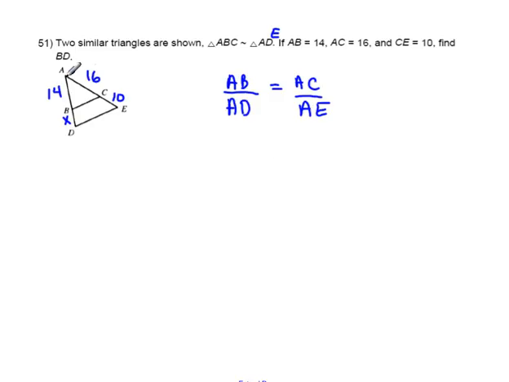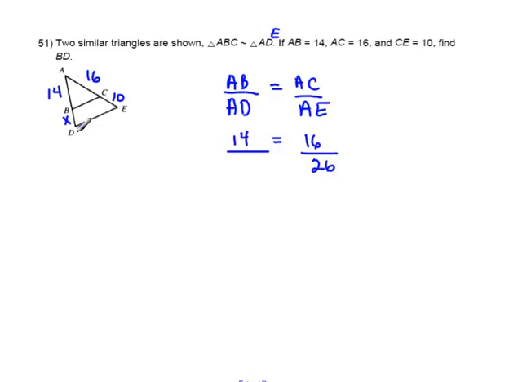Okay, so small triangle to large triangle, small triangle to large triangle. Okay, so AB is 14, AC is 16, AE, well, that means all of this, so that would be 16 plus 10, which is 26.